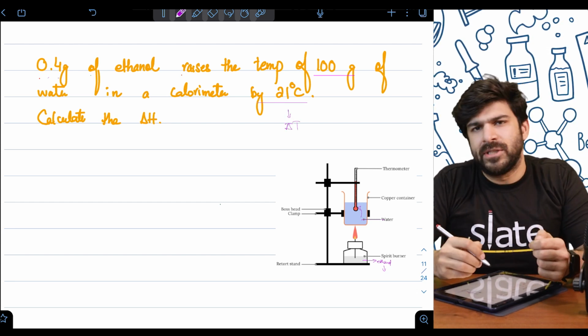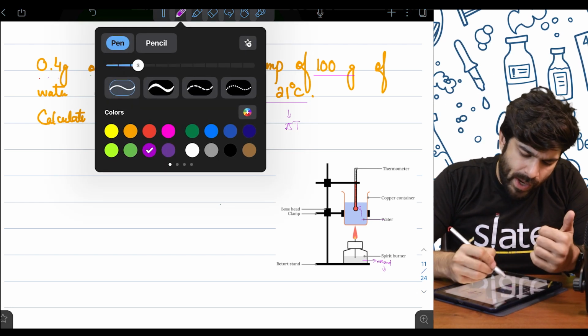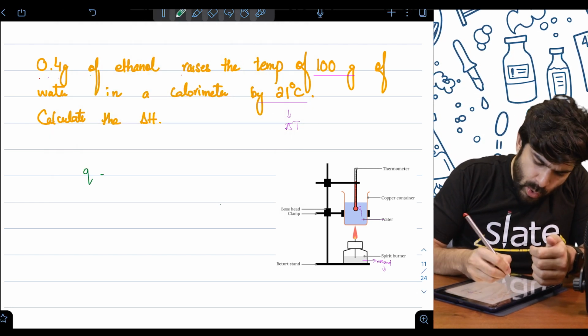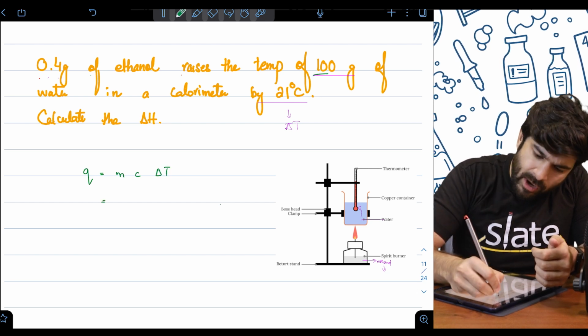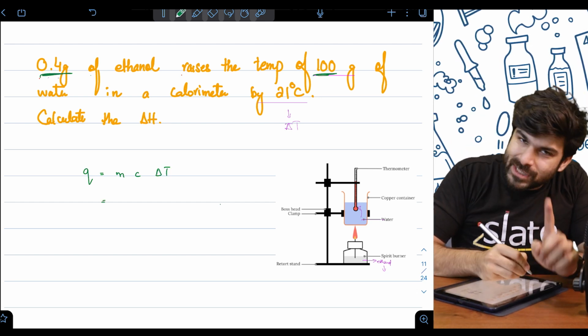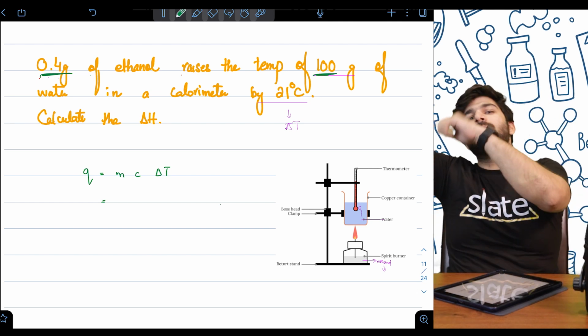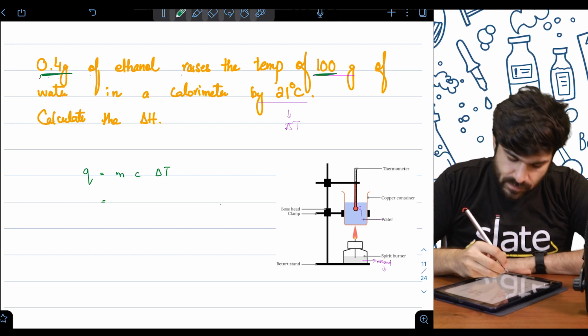So calculate the enthalpy change. Simple. Step number 1: Q equals MC delta T. M is 100 gram, that's of water. We don't talk about this mass. Remember, this will come later for moles.